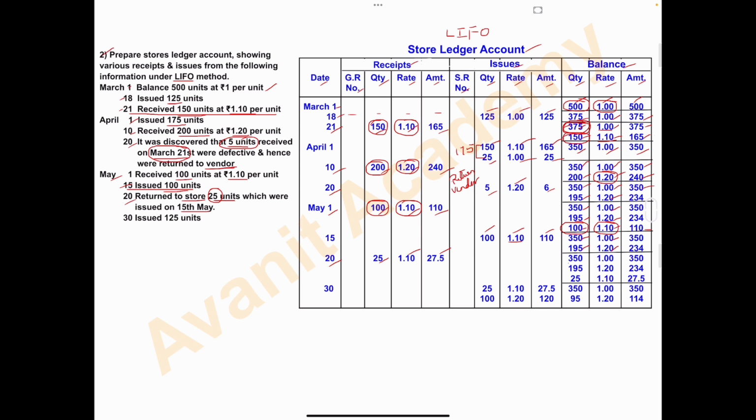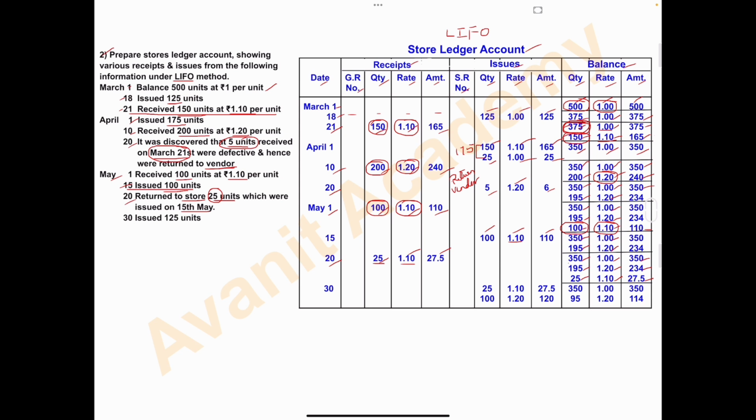Write the balance: 350 at rupee 1, 350; 195 units at rupees 1.20, and the amount is 234. Add the return quantity, that is 25 units at rupees 1.10, and the amount is 27.50.